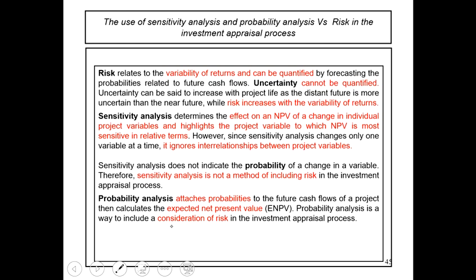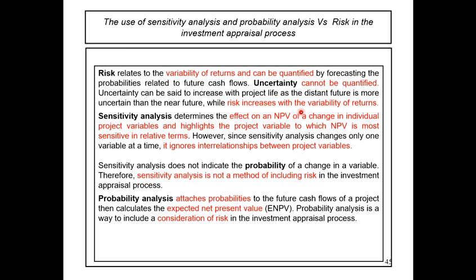So now let's take a look at the use of sensitivity analysis and probability analysis versus risk in the investment appraisal process. So risk relates to the variability of returns and can be quantified. Uncertainty cannot be quantified. Uncertainty can be said to increase with project life as the distant future is more uncertain than the near future.